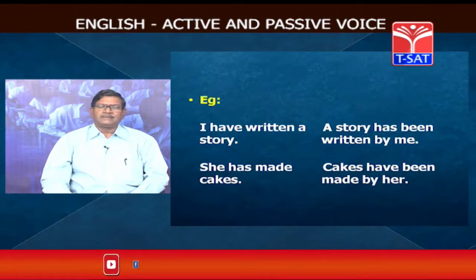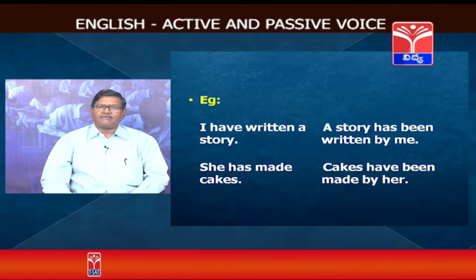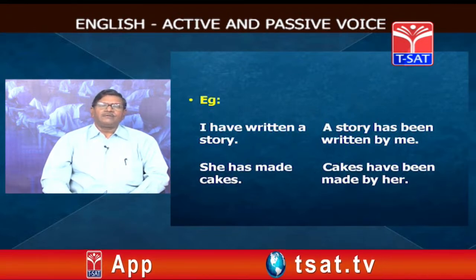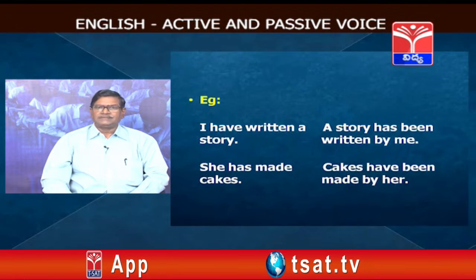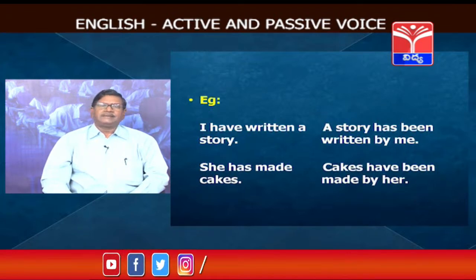Because it is she, the helping verb is has. Now, cakes is plural, therefore have. In place of made, we have to put the be verb, then it becomes been. Cakes have been made.